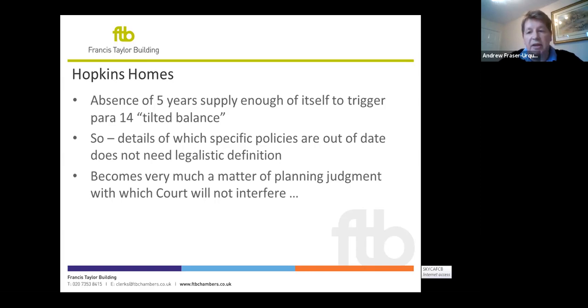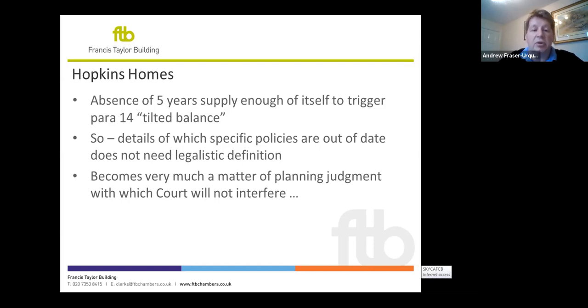However, just to deal finally with Hopkins Homes, one point that does emerge, John Boyd asked a question about the application of the tilted balance to employment policies, and in fact in Hopkins Homes there is an explicit reference to the fact that events subsequent to the adoption of a plan may render employment policies out of date.